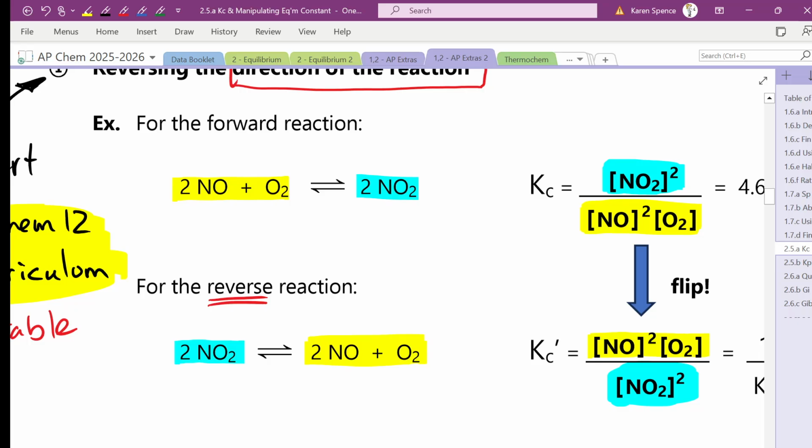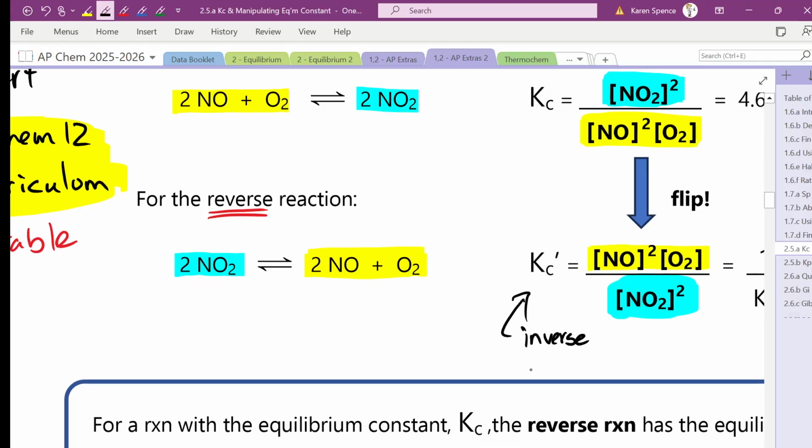So what do we call that process where we take something and flip it upside down? We are finding the inverse or reciprocal, yes? Is there a difference between inverse and reciprocal? They're the same thing, right?